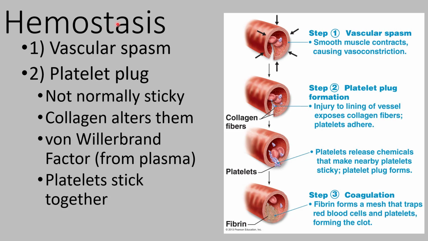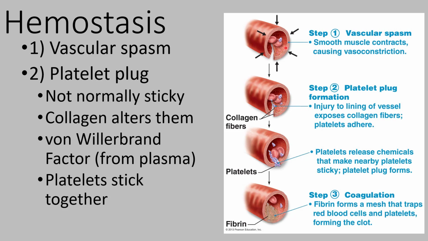Well, as soon as that blood vessel is cut, like we see here in the top image, remember blood vessels have smooth muscle on the inside. We saw that back in Bio 137. There's smooth muscle inside of blood vessels, and when you damage smooth muscle, it responds by contracting.